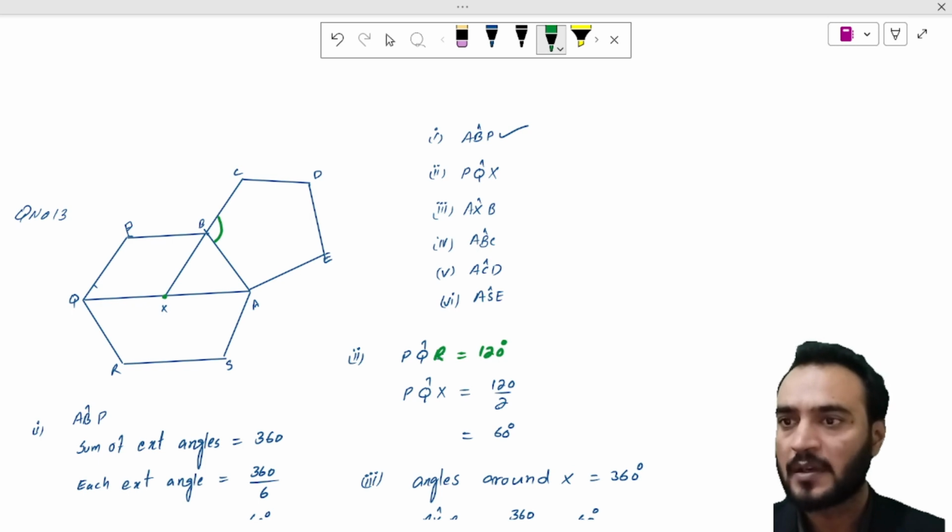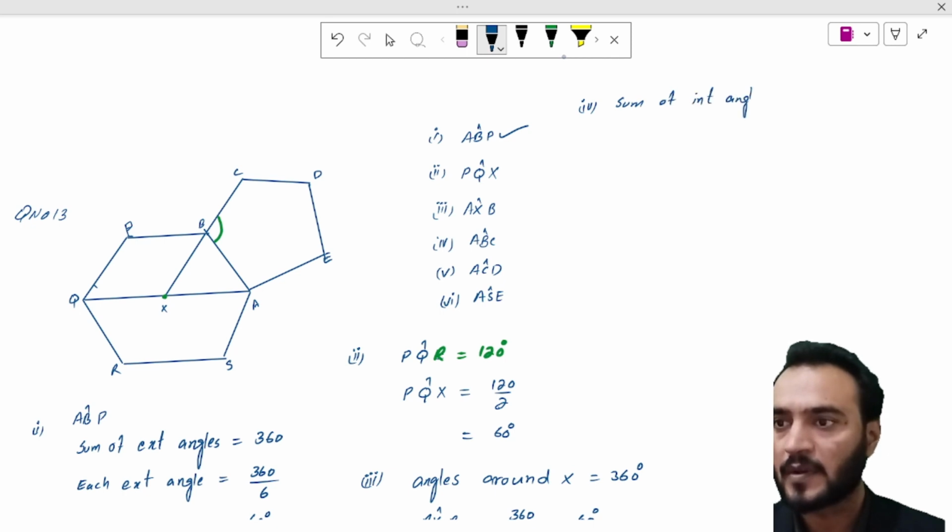The sum of interior angles in a pentagon is n minus 2 times 180.